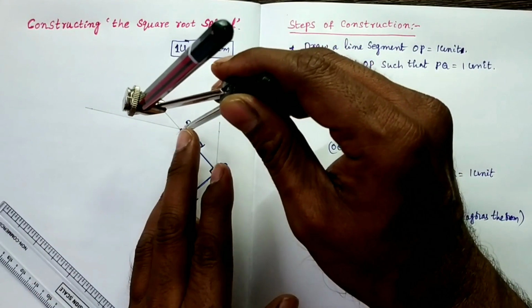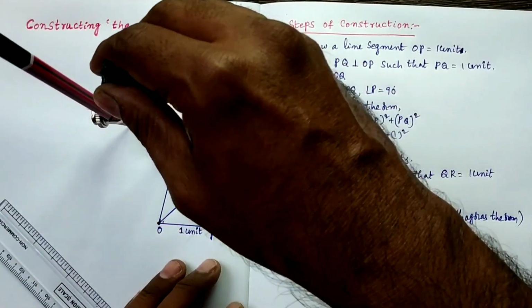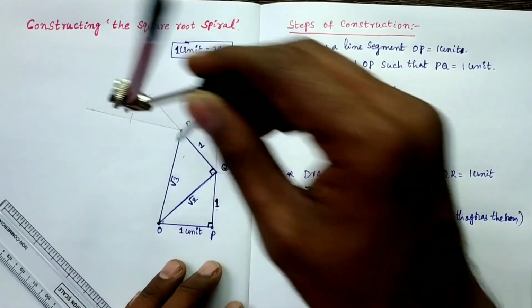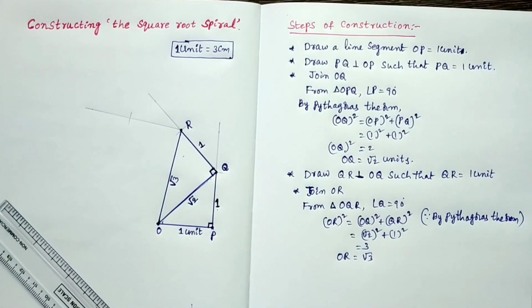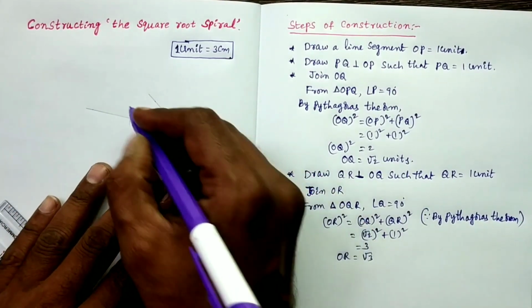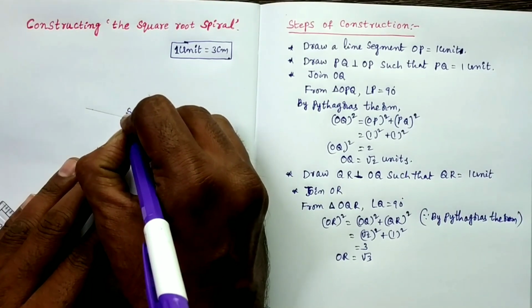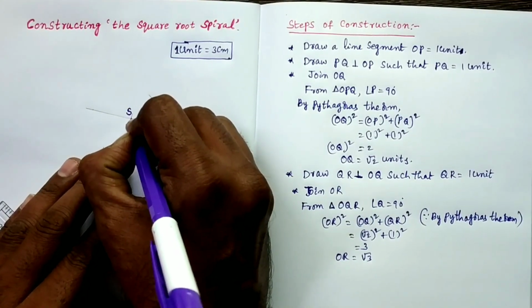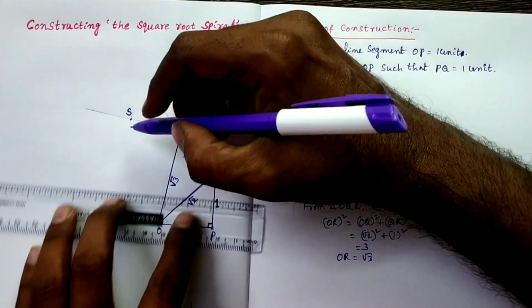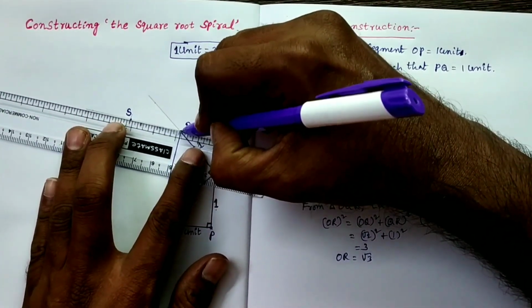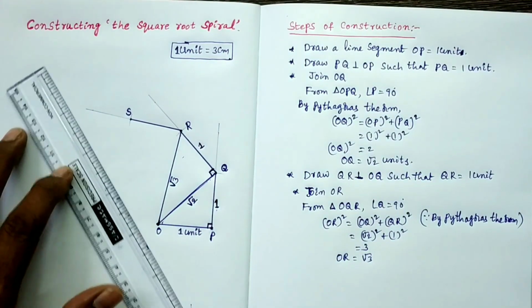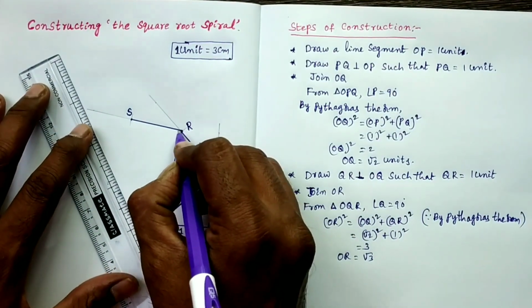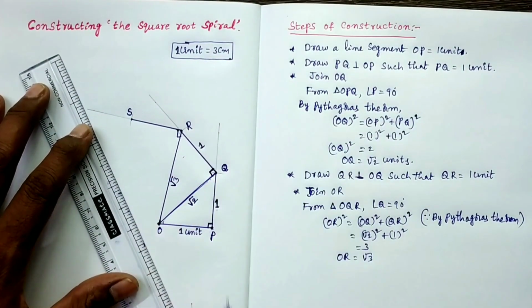Take R as center, this 1 unit as radius, draw an arc. It cuts the perpendicular line at S. Now you join, this is the perpendicular line to OR.